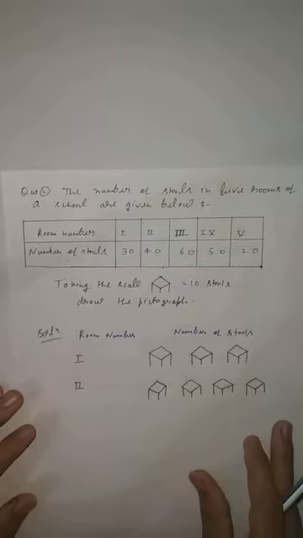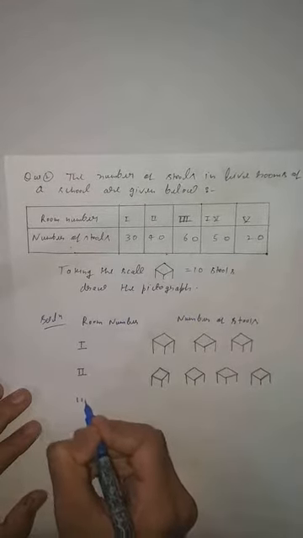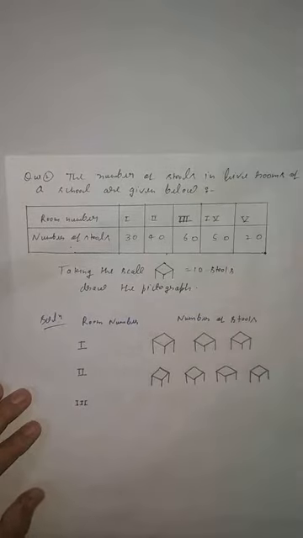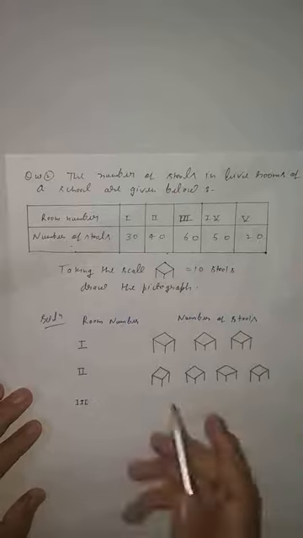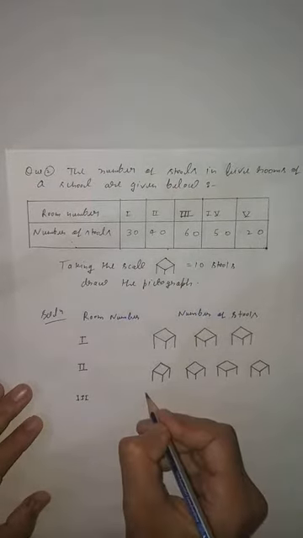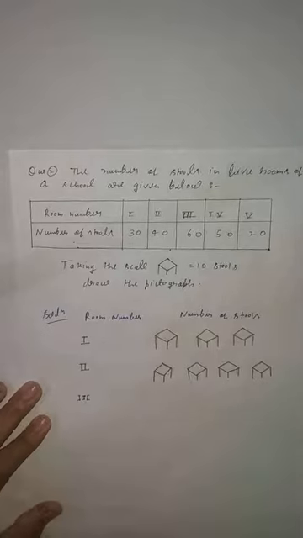So this is about room 2. Now come to room 3. Room 3, how many stools are there, students? 60. So how many stools will you draw? Simply you will draw 6 stools. Clear, students? Sorry, you will draw simply 6 stools.